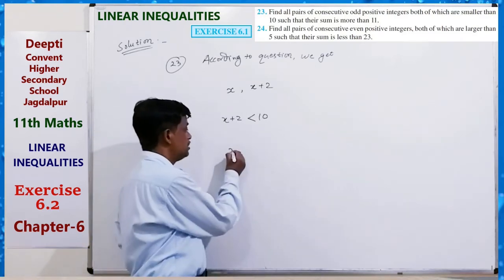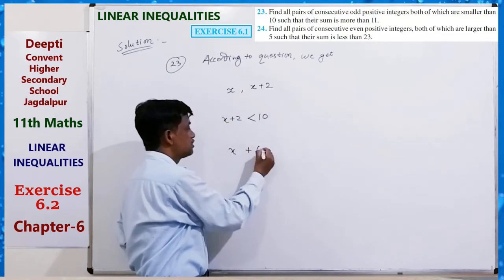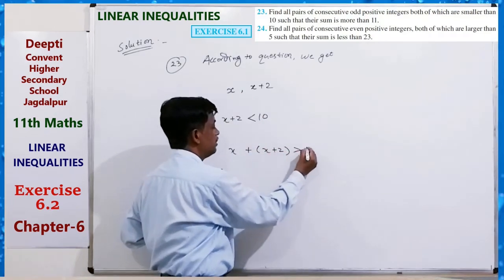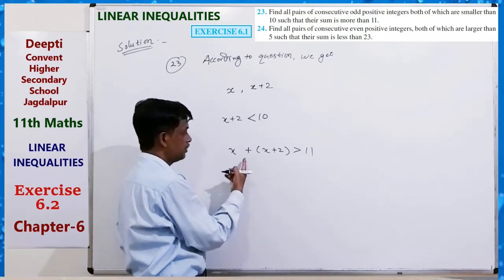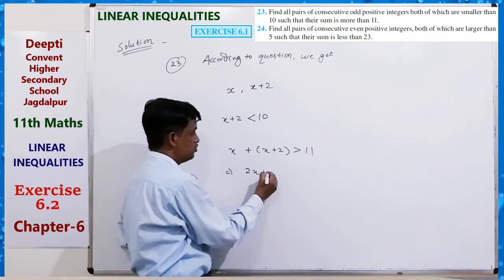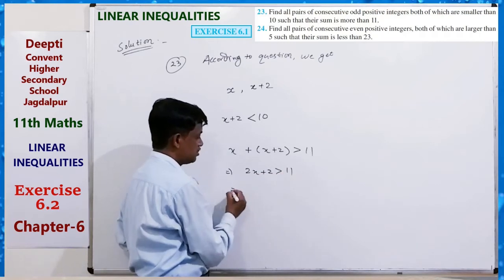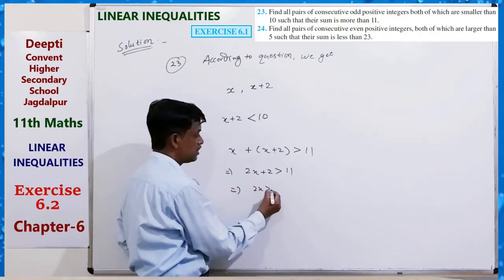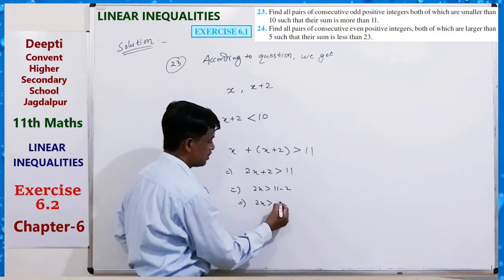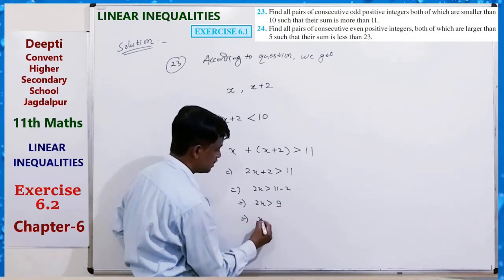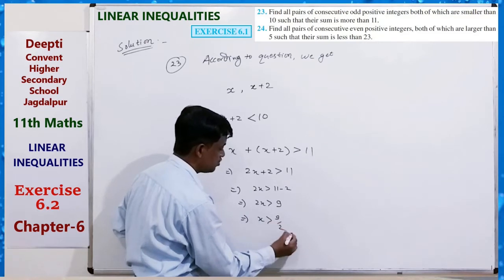And the sum of x and x plus 2 is greater than 11. So 2x plus 2 is greater than 11, so 2x is greater than 11 minus 2, so 2x is greater than 9. So x is greater than 9 by 2.